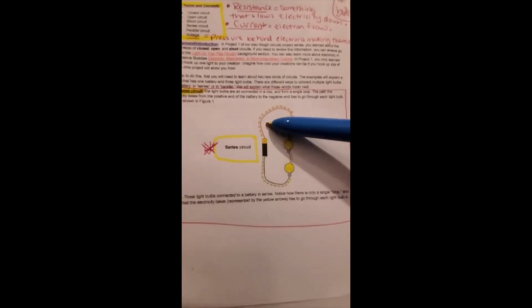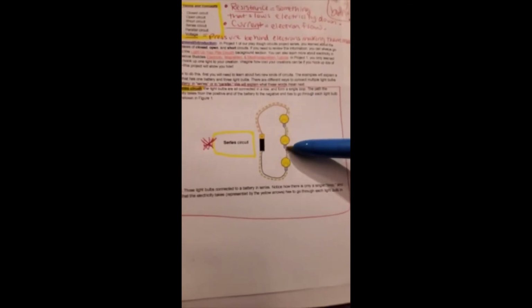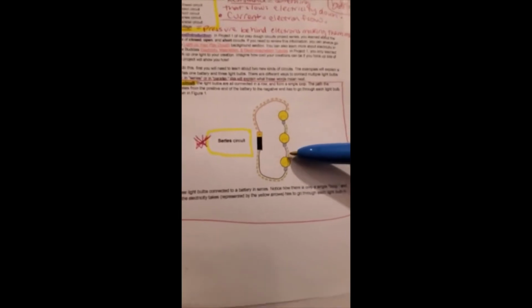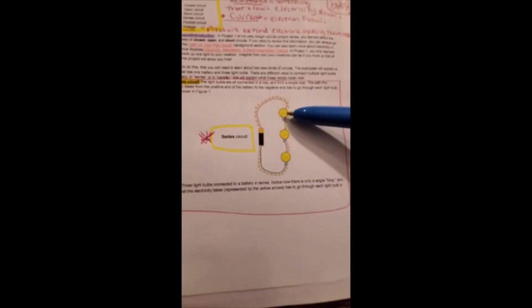So as you can see, a series circuit does not have options. It's just a single lane highway, okay? So what type of limitations do you think that's going to cause? One thing you might want to think about is if we're lighting all these light bulbs up on a single lane highway set up for series, then what happens if this light bulb goes out?